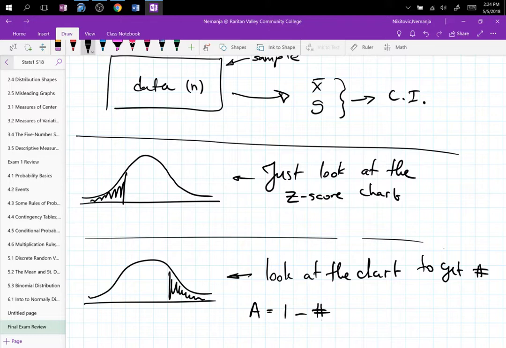Because the z chart is giving you only areas to the left, and if you need the one to the right, you have to subtract from 1.